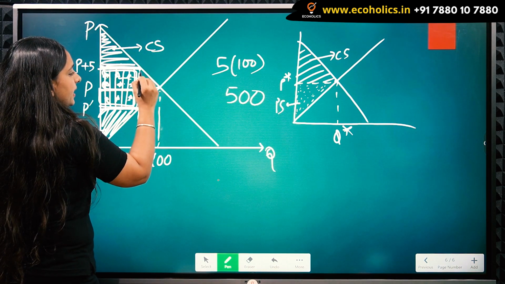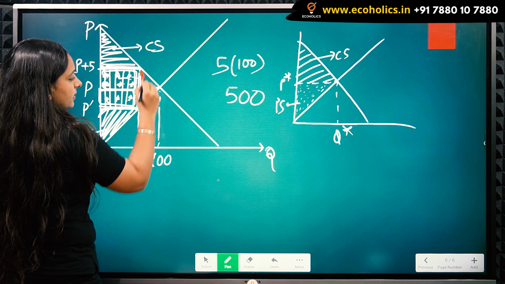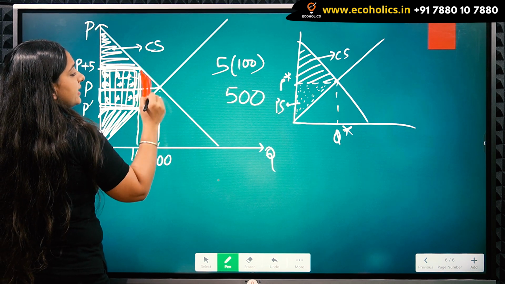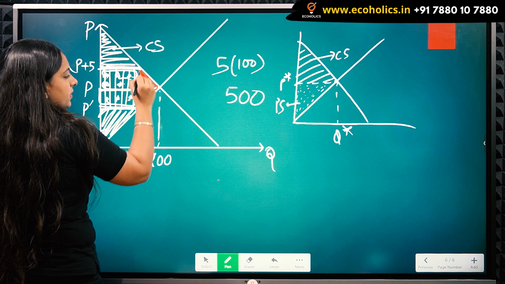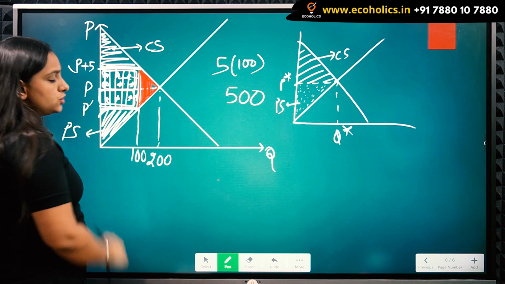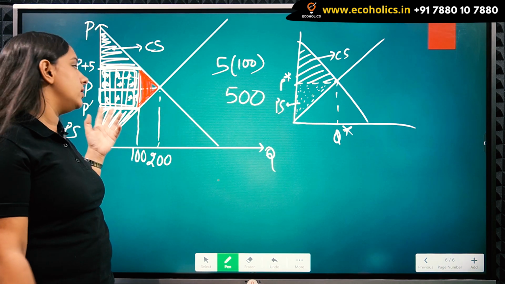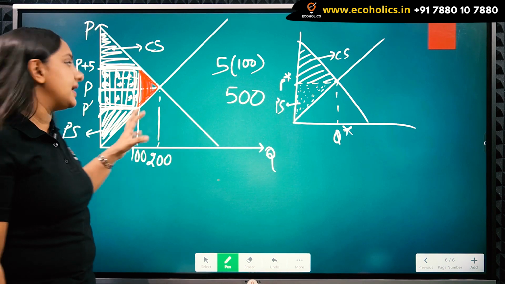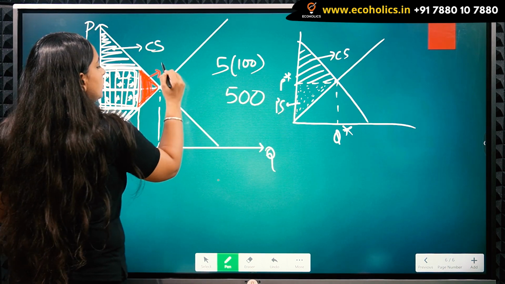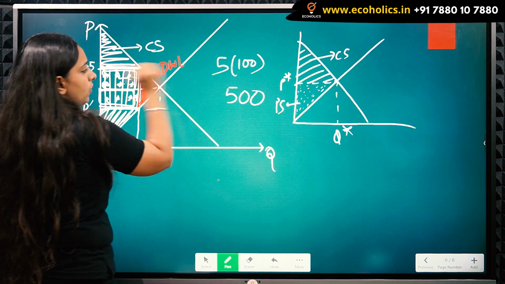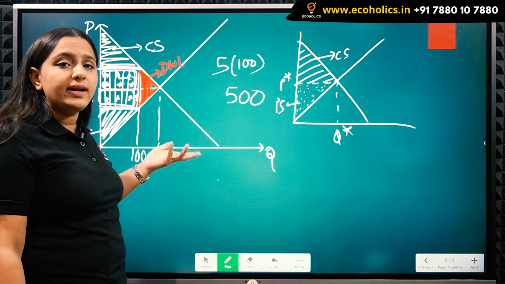But if you can see this red triangle, it is not included anywhere: neither in your consumer surplus, nor in your producer surplus, nor in your taxes. So this red triangle is my deadweight loss. So how do we find deadweight loss?